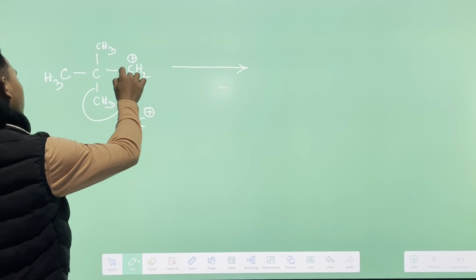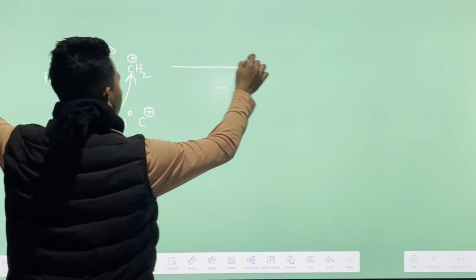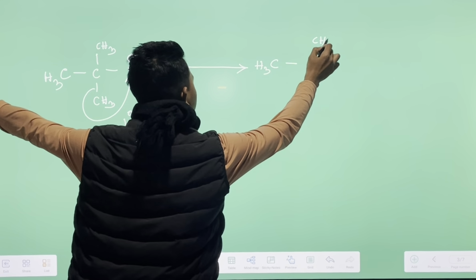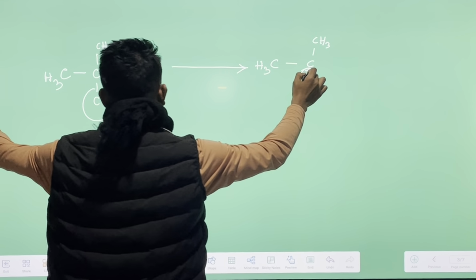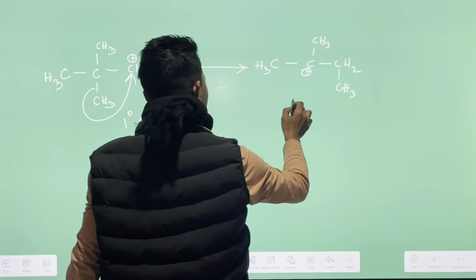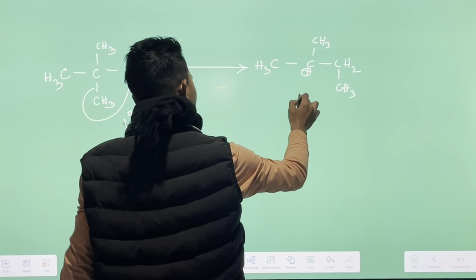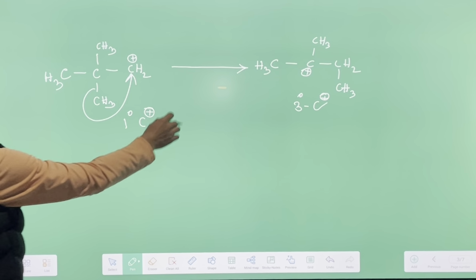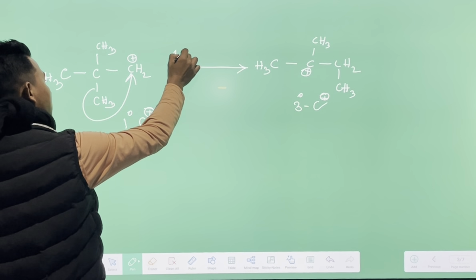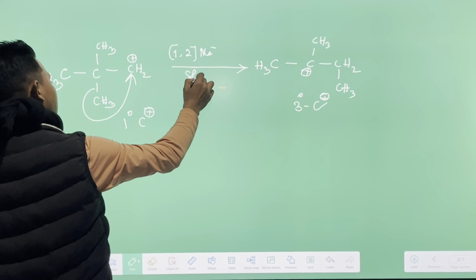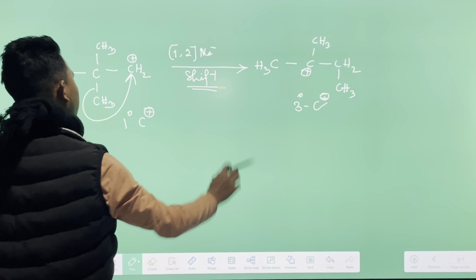This methyl group can shift to this electron deficient carbon atom, and then we get CH3, carbocation, CH2, CH3. This is a tertiary carbocation. 1,2 methyl shift.